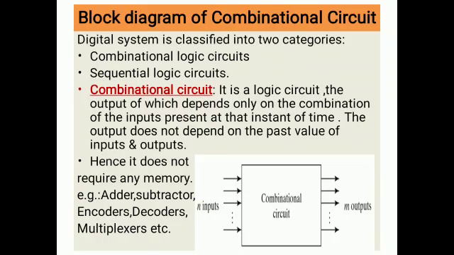Examples are adder, subtractor, encoder, decoder, multiplexer and demultiplexer. As shown in the block diagram, a combinational circuit has n inputs and m outputs, and the output depends only on the inputs applied at that instant and not on previous inputs.